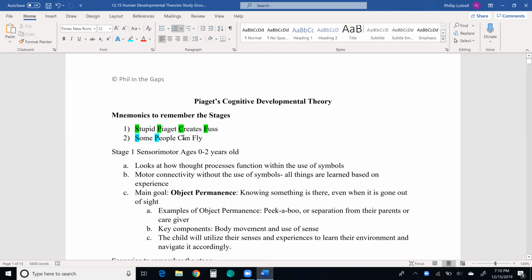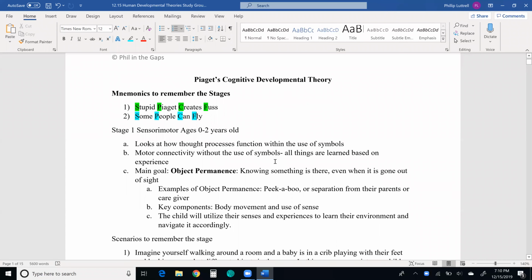So the first stage is sensory motor, and the ages are 0 to 2 years old. It looks at how thought processes function within the use of symbols. If you picture a kid, most kids pick up every single thing on the planet and in their path. Why? Because that's how they're learning, utilizing their senses to pick up what the environment is for them.